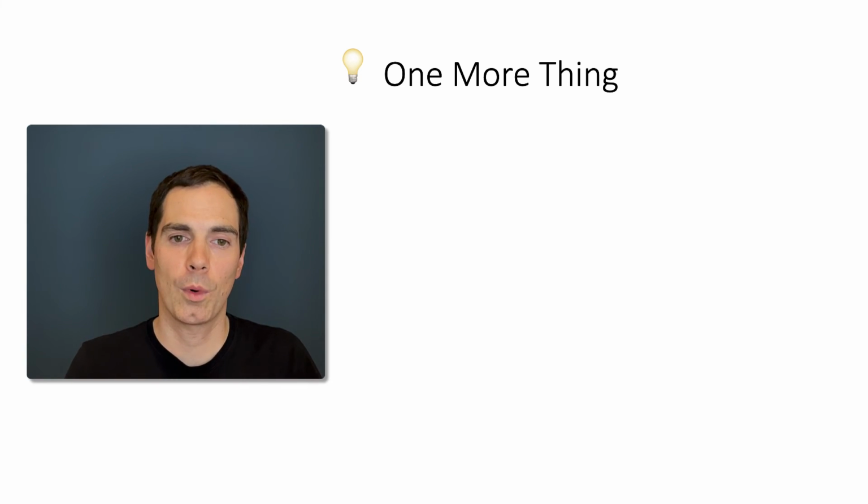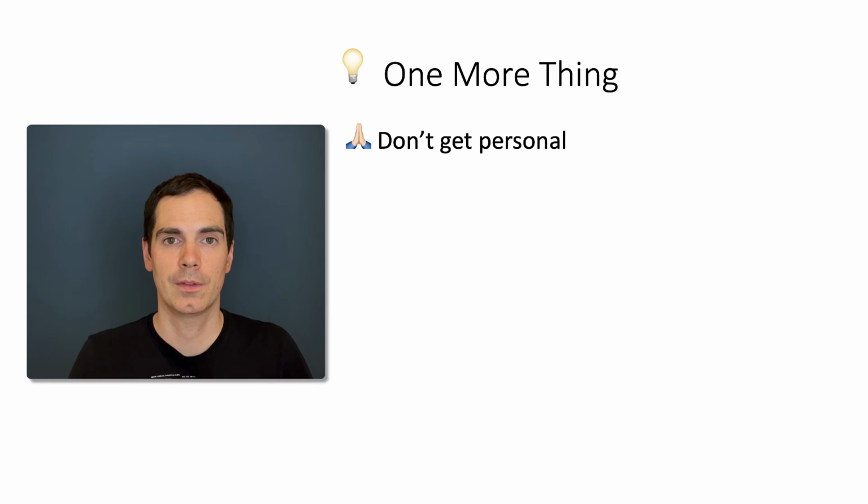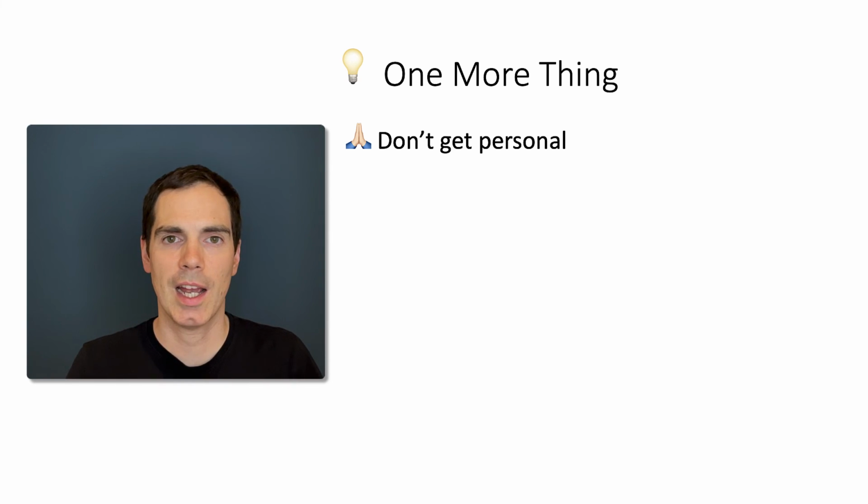But there's one more, or a couple more things that you should keep in mind when creating bug reports or when you're filing issues. Don't get personal, right? We have all been in the situation where you're really angry that nothing is working in the application, and it's really annoying to work on the product in its current state, and you don't want to write any bug reports anymore, and maybe you also have some conflict with a developer, for example.